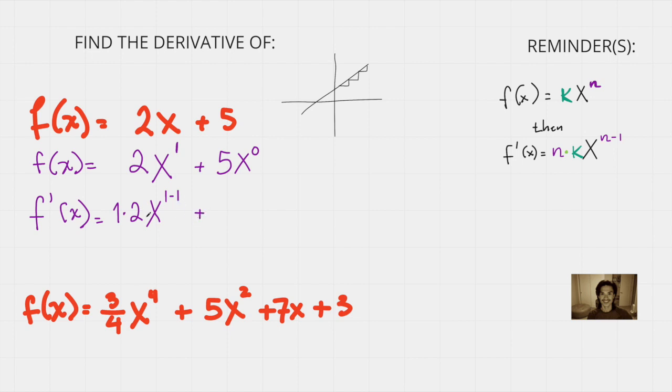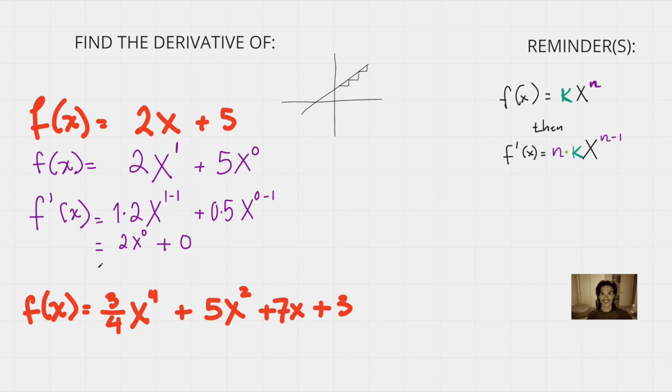So we're done with that part. Then we go 5, and we drop the 0 and multiply it by 5. Then we go x to the 0 minus 1. So we can simplify this to say that this will become 2 times x to the 0, plus 0 times 5 is 0, so it doesn't really matter what this is. It's just going to be 0.